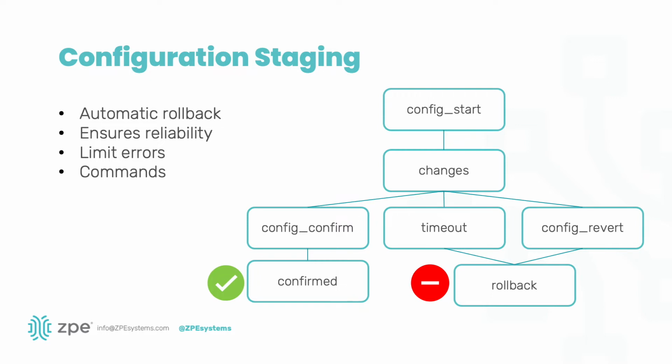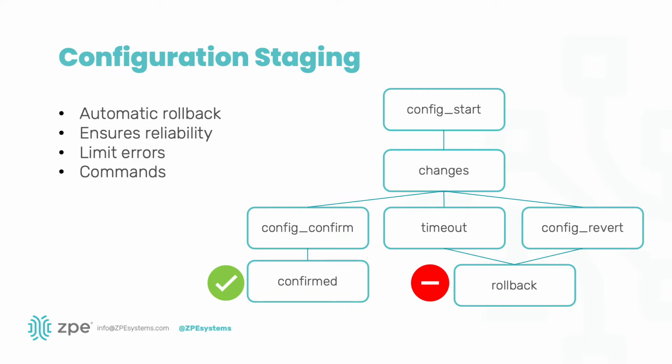But in case you need to do these manually, the order is quite important. The configuration staging feature takes the anxiety out of this specific part of the setup or configuration change later on. It allows you an automatic rollback, and because of that, it ensures reliable access to your remote sites. It limits errors and gives you an easy way to recover from errors.